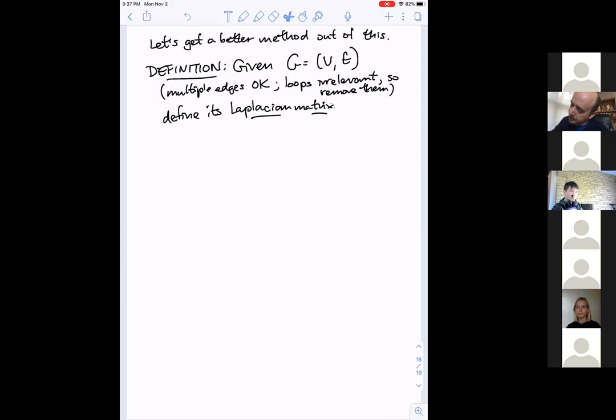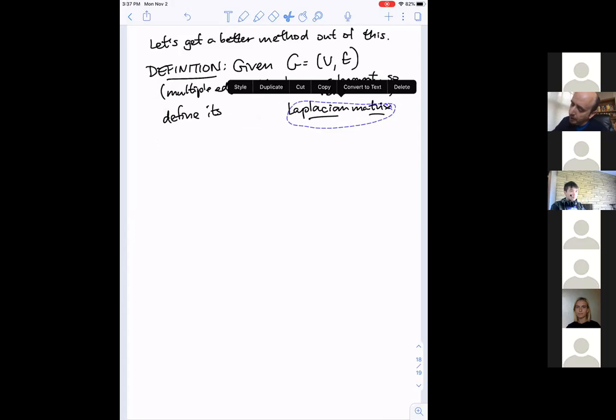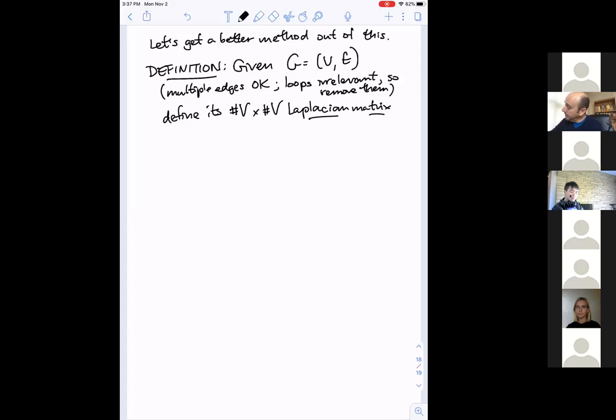And the size of this matrix is going to be square. It's going to be the number of vertices by the number of vertices. It has rows and columns that are indexed by the vertices, capital V. And the entry in the V, V prime location, where V and V prime are two vertices, depends upon whether you're on the diagonal or not.